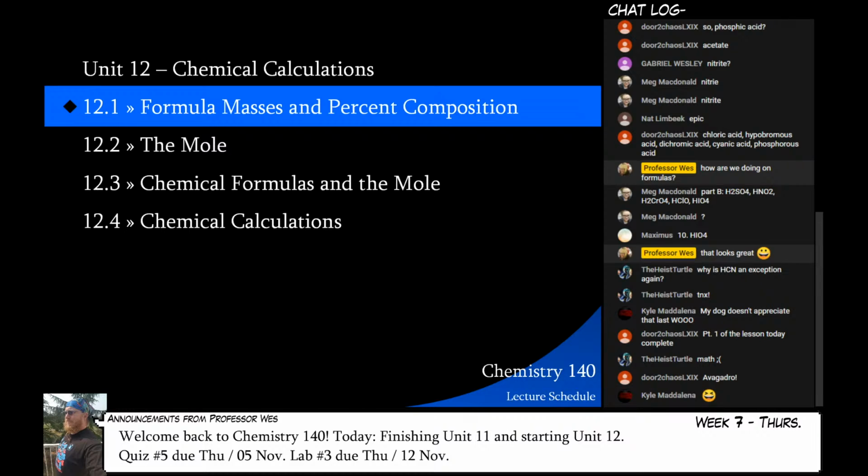Something to note. If you don't have a calculator that is handy or does exponents very well, here is what you want to do for that. Wolfram Alpha.